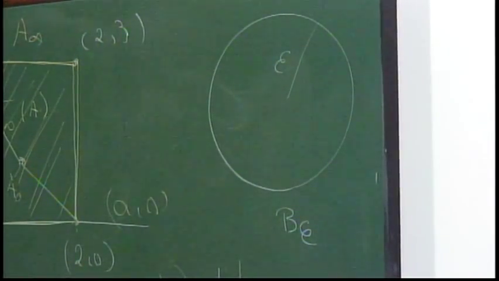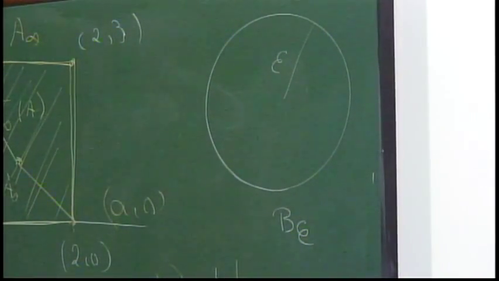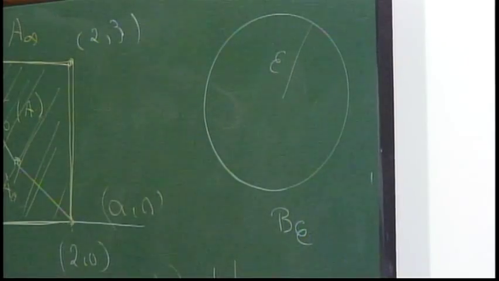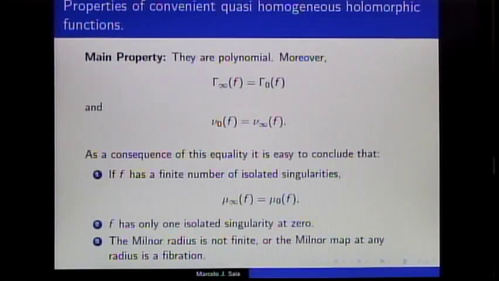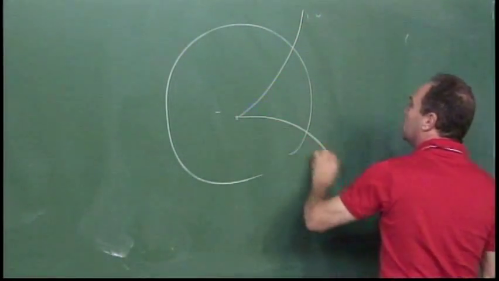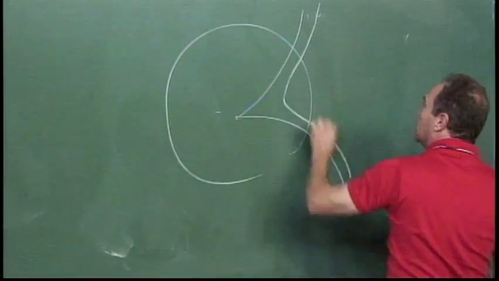So if we have only one isolated singularity, to do the Milnor fibration doesn't matter the radius, because the problem to compute the Milnor radius is if you have more than one. If you have only one, it doesn't matter, you always have the same situation.